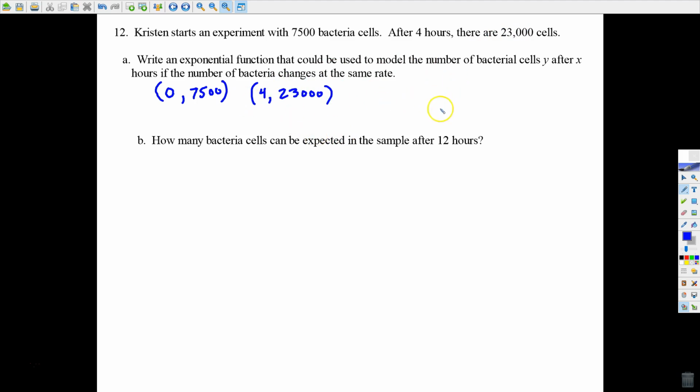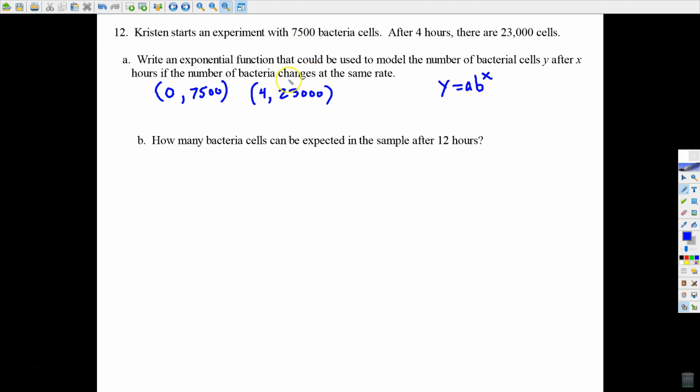Okay, so using y equals ab to the x power, we looked at that on a previous slide, we're trying to come up with b, which in this case is going to be a growth factor. We already know that a is the initial value, which in this case is 7,500. That's how many we start with.